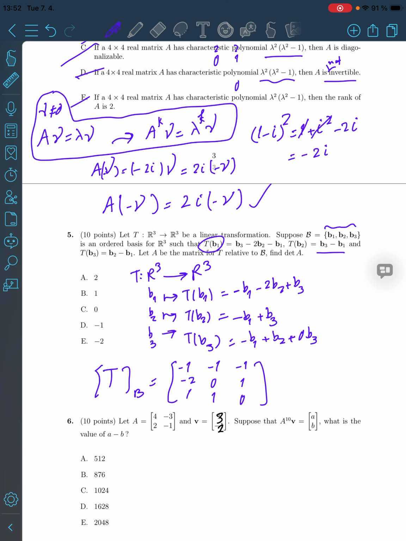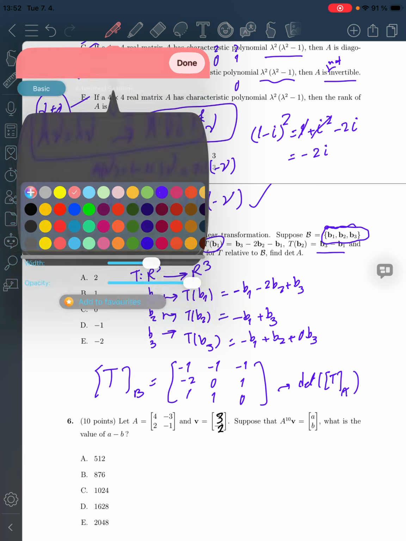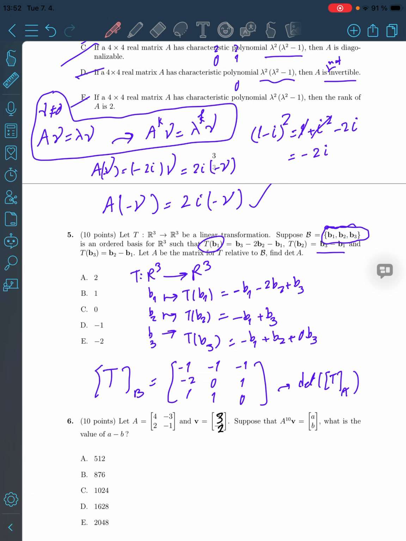So here is the matrix representation corresponding to your matrix transformation. Just remember, the order of the basis here is very important. Now you should compute the determinant of T. I would say it is pretty straightforward because you can easily, for example, add the first column to the third column, and then you can get 0, you can get 0, and then you can get -1.